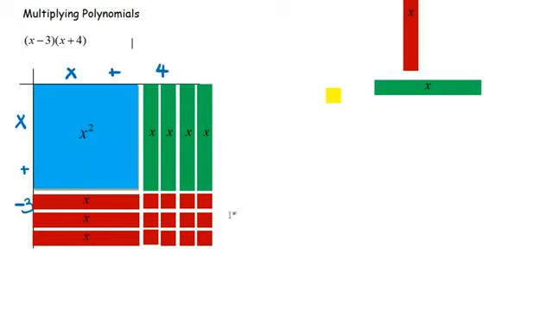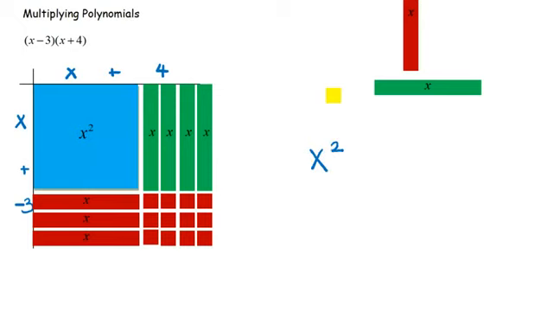Alright, there you go. So there's my answer. Now, if I was to write out my answer, it would look something like this. And I would just have to add like terms together. So help me remember how to put like terms together. Does the x squared have any like terms? No, because he's the only x squared. So here's my x squared.